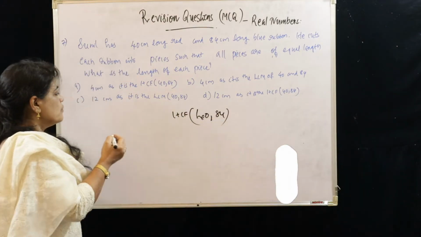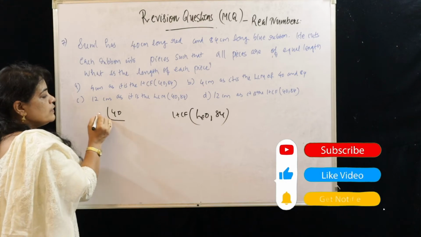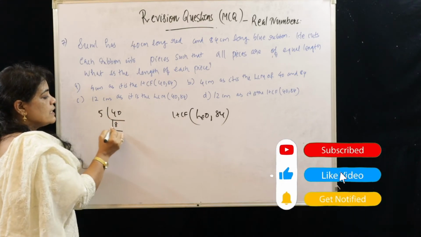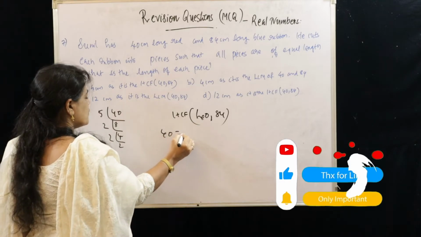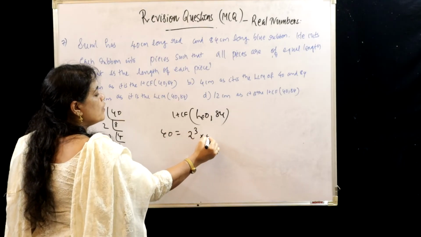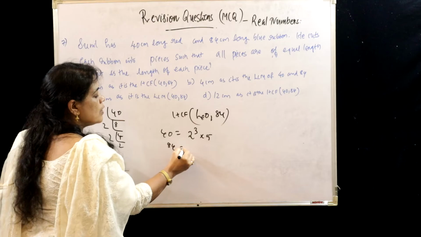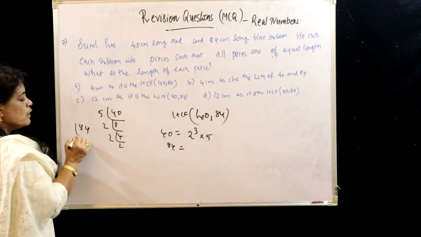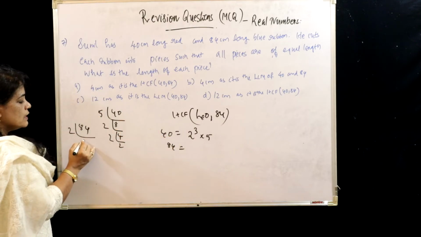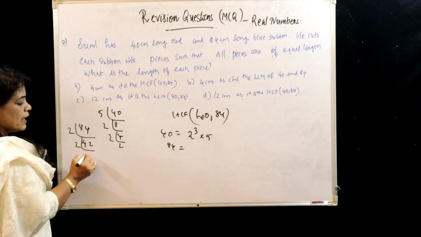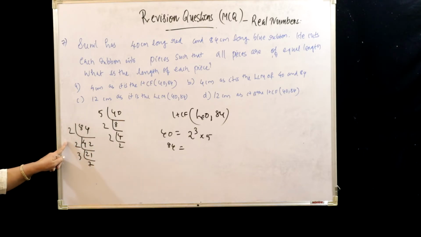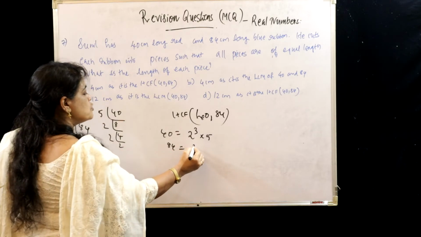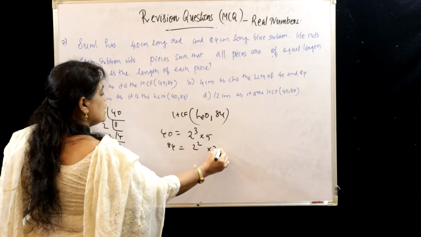We prime factorize 40 as 2 cube into 5, and 84 after prime factorization, starting with 2, is 4, 42, and here 21, 3 and 7. So you can write 84 as 2 square into 3 into 7.